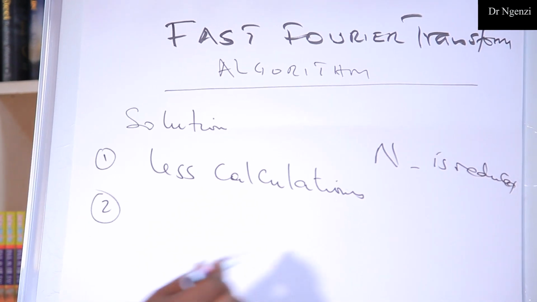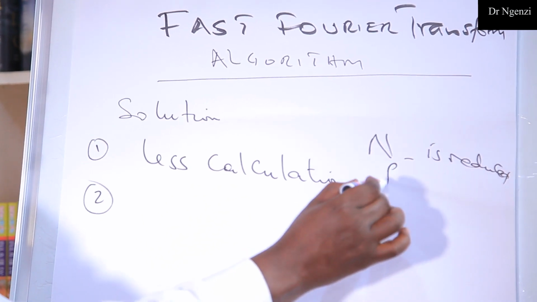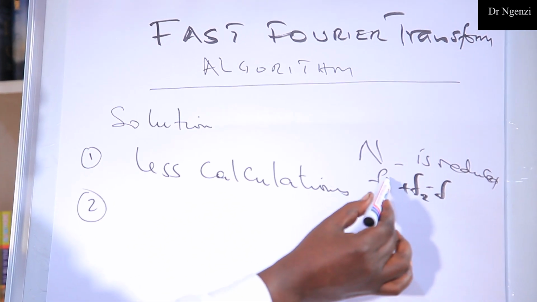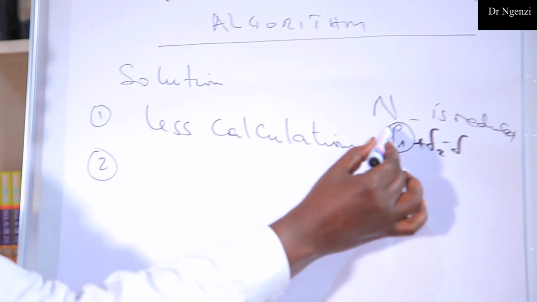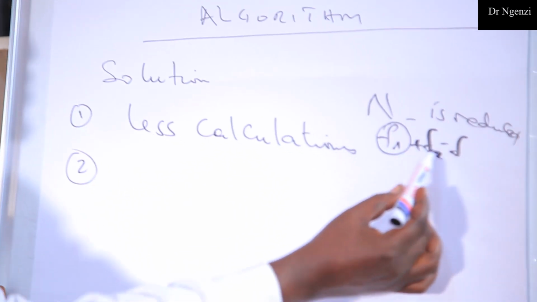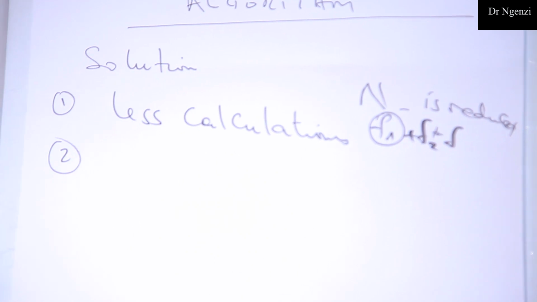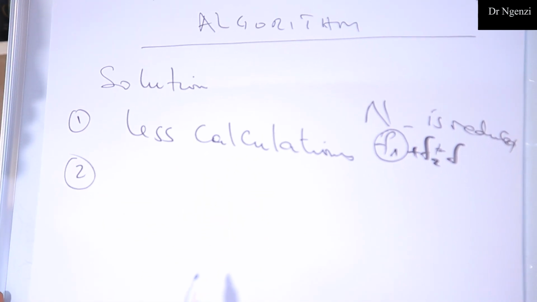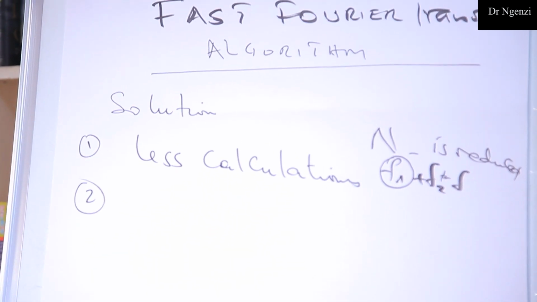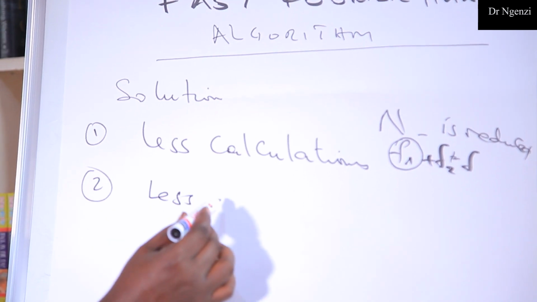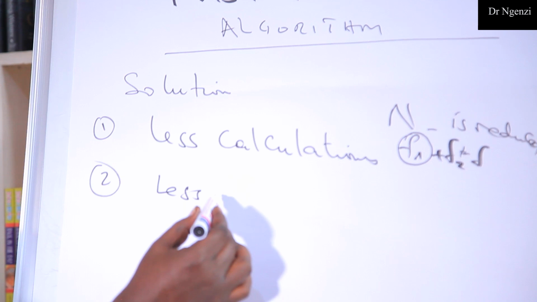So the frequency domain can have F1, F2, F3, and each one of these can be effectively computed on its own with less time. So there is less calculation, and there is also less time. It is very fast, less time consuming.